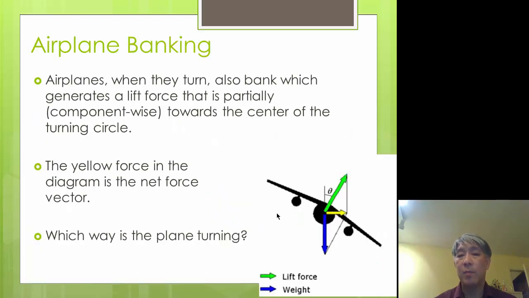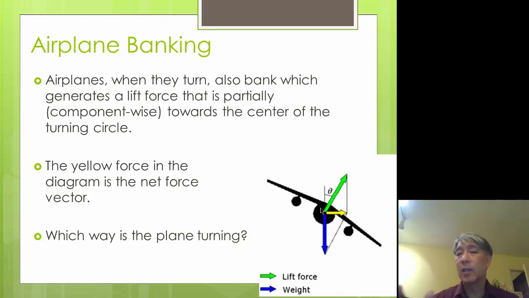For the IB, they like to look at planes. Planes don't have a surface, but when they want to turn in a direction, they tilt their wings so that the lift, the green vector shown in the picture, the lift of the wings, which normally helps them fly, now also has a component, lift sine theta in the picture, that's pointing towards the center of whatever turn they want to make.